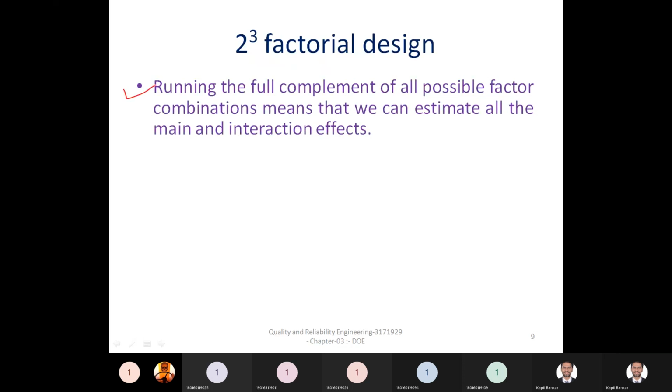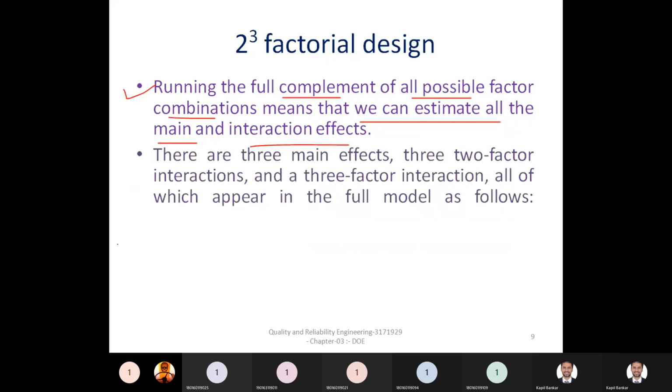Now, running the full complement of all possible factor combinations. All possible factor combinations means all the combinations, whether they are two-way interactions or three-way interactions. It means that we can estimate all these main and interaction effects, and that is known as the full factorial design. So there are three main effects, three two-way factor interactions and one three-factor interaction, all of which appear in the full model as follows.